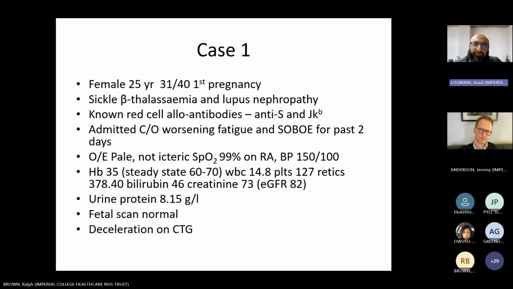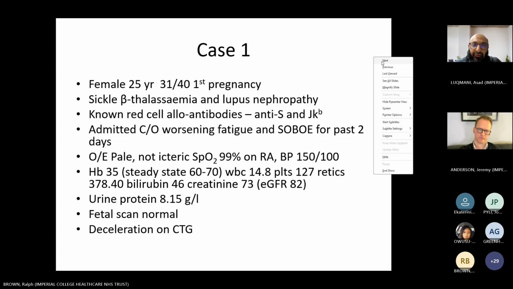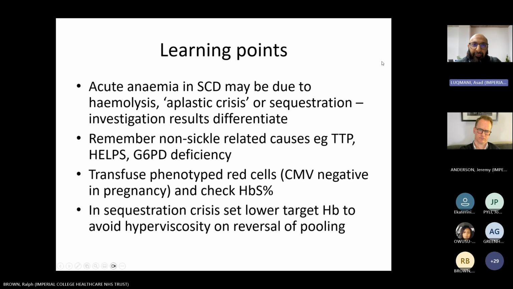If we go to the next slide. So it could be a variety of different types of crises that are causing the drop in hemoglobin. Aplastic crisis would be not very likely in this case because the reticulocyte count is fairly good. So we're looking at either an acute exacerbation of hemolysis or a sequestration crisis.